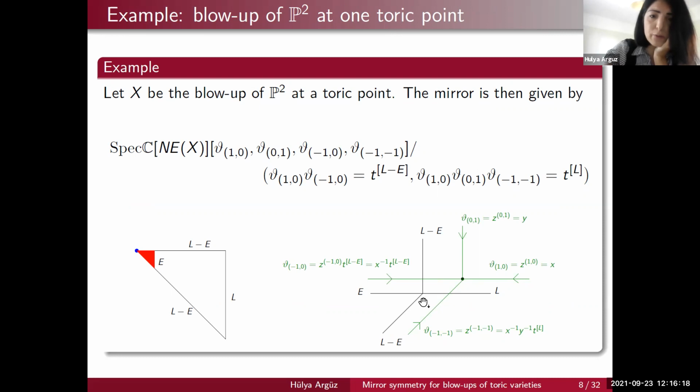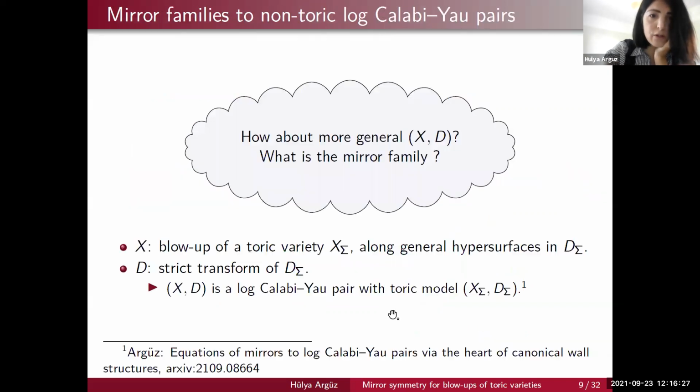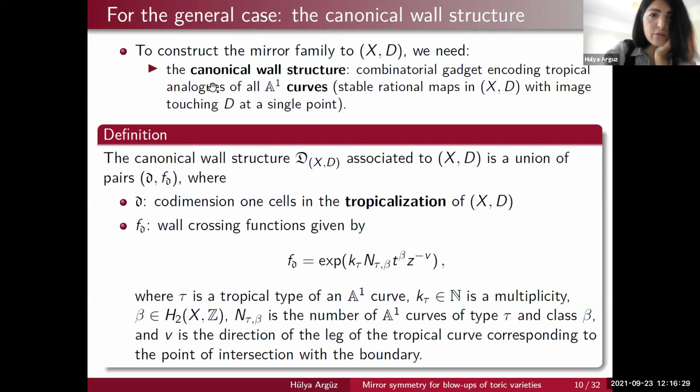So if you have a non-toric blow-up, what will replace the toric fan for a toric variety is a scattering diagram or a wall structure, depending on whether boundaries are around or not. You call it however you like, it's the same thing. I call it a wall structure because I'm still a former student of Bounded. So it's the canonical wall structure that replaces the toric fan.